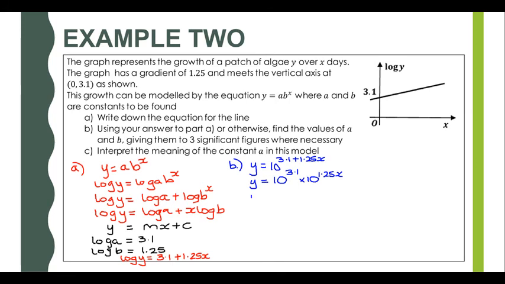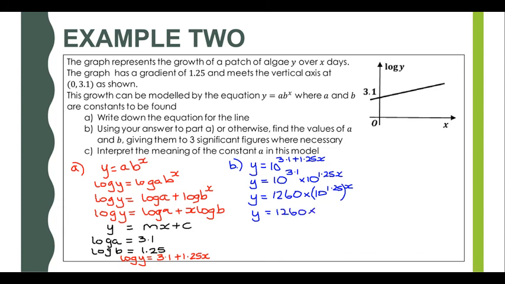The first number we can work out, so 10 to the power of 3.1 gives us 1260 times 10 to the power of 1.25, and I'm going to take the x outside of my bracket, which again allows me to work out that as a number.